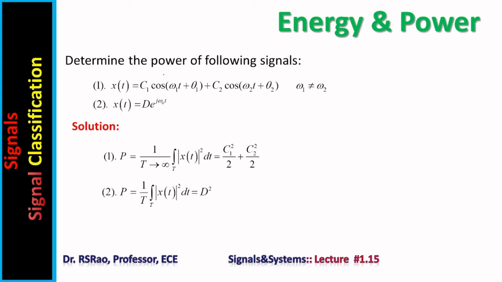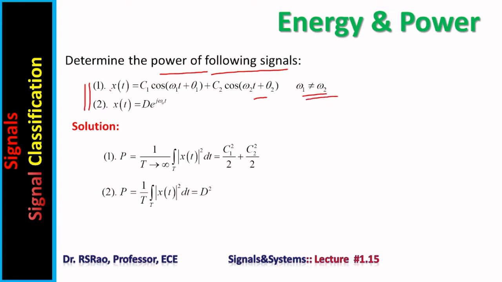Another set of problems: determine the power of the following signals. Two signals are given. The first one is a combination of two sinusoids: C1 cos(omega 1 t plus theta 1) plus C2 cos(omega 2 t plus theta 2), with omega 1 not equal to omega 2.